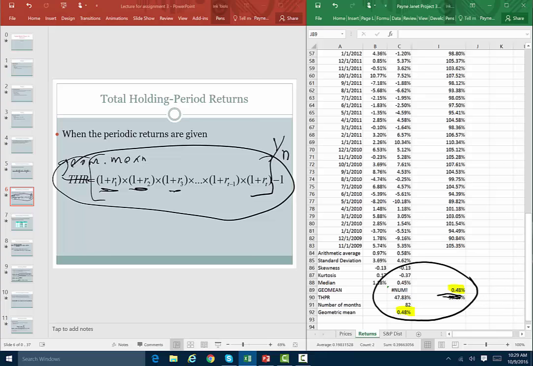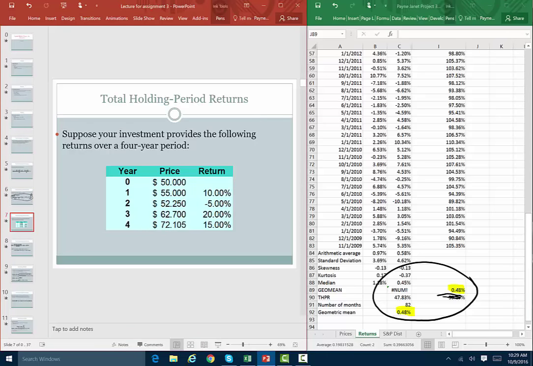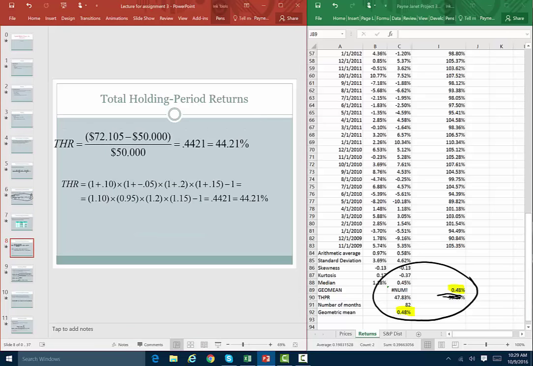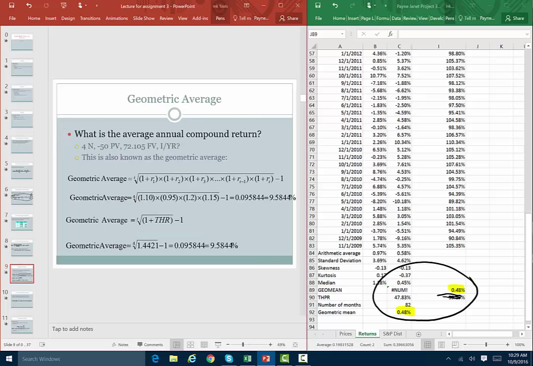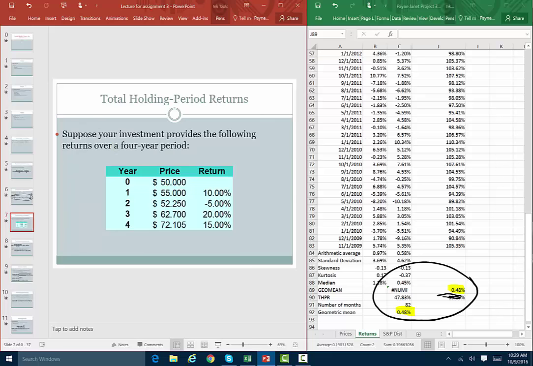You can also see the difference between the arithmetic average and the geometric average. Okay, so here's an example. An investment provides the following returns over a 4-year period.